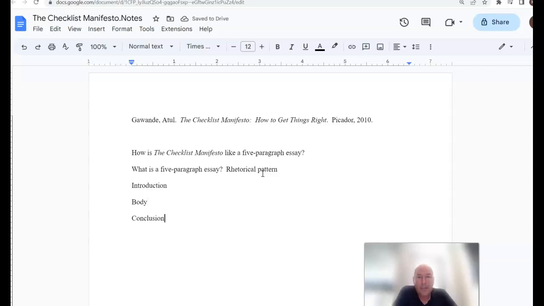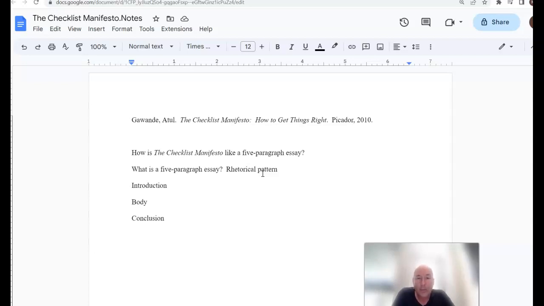So let me just talk about that right from the start. The Checklist Manifesto has an introduction, pages 1 to 13, if I'm remembering that correctly. In this introduction, Gawande tells a couple of stories.